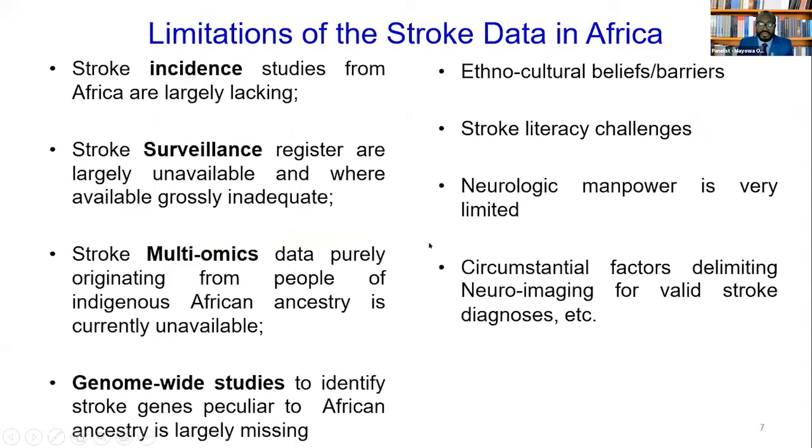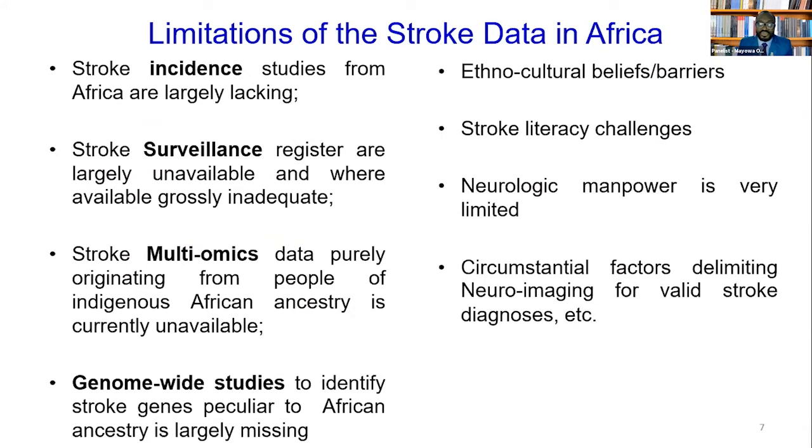This is just an example. So for stroke, no rigorous incidence studies are available. Surveillance registries are also lacking. And more importantly, multi-omics and genome-wide association studies are also not present.